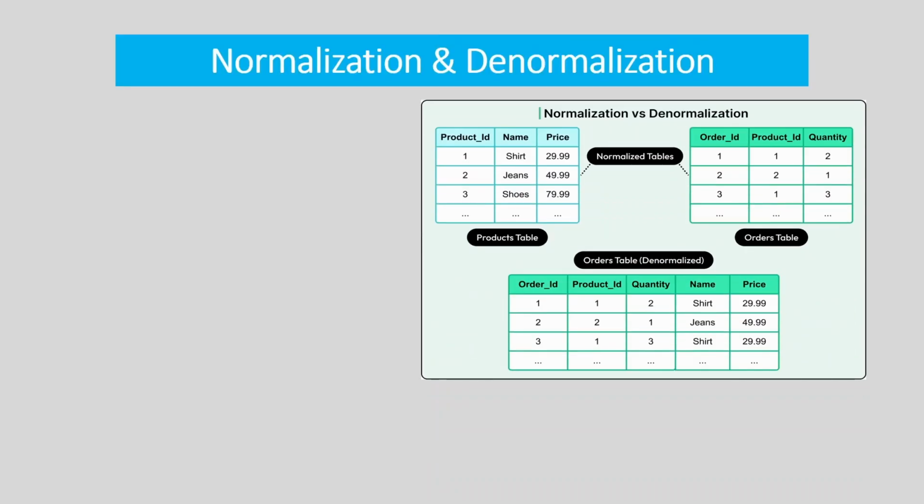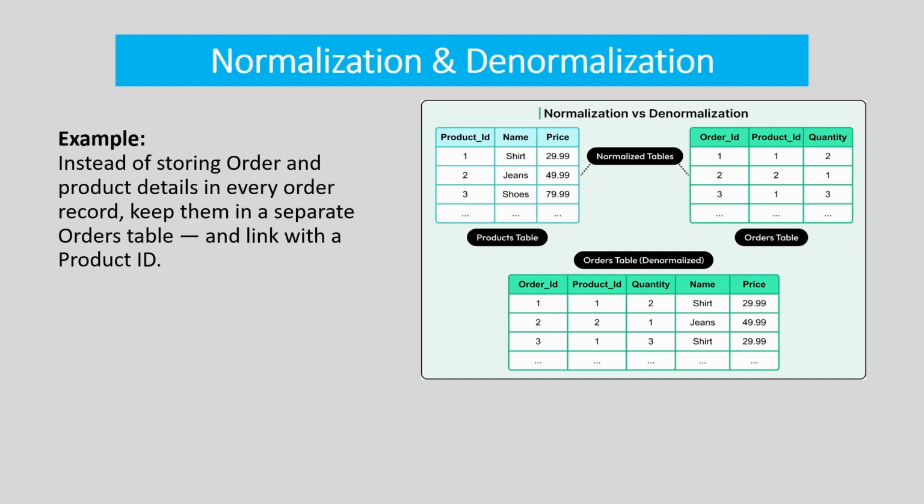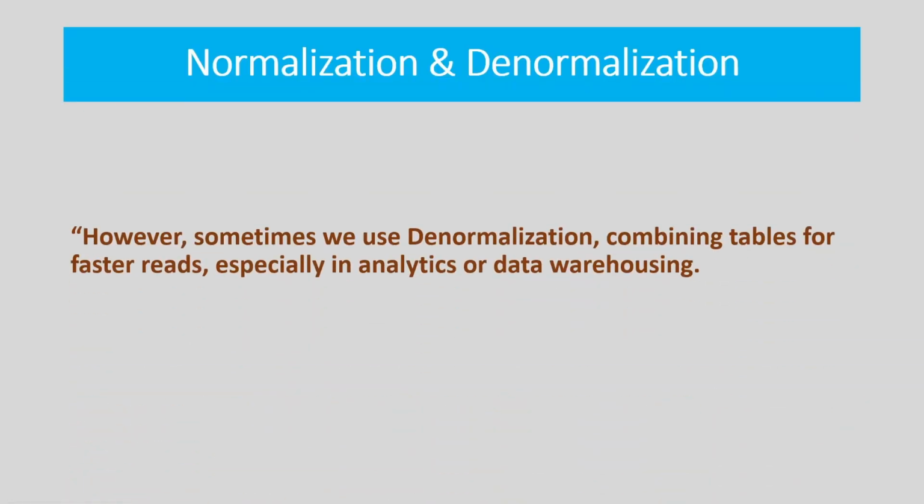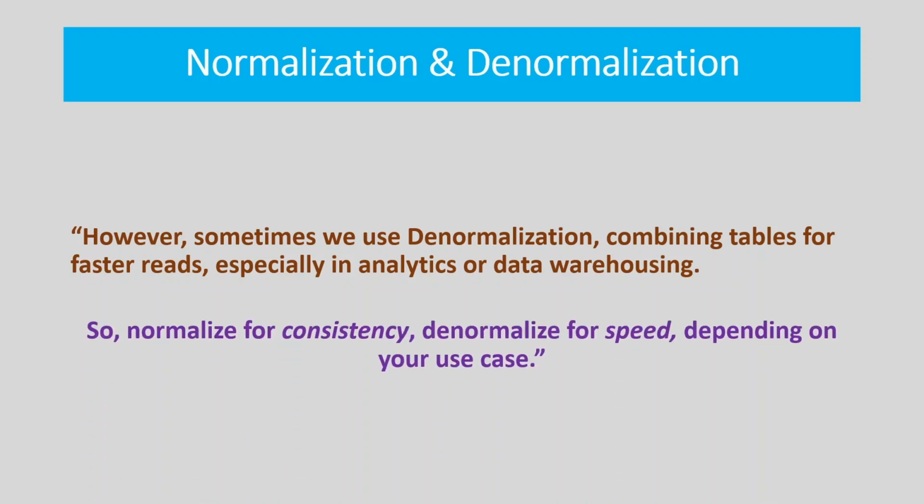And then we also have denormalization, and this visual is an example of denormalization, where we have 2 different tables, but they are merged into one. It's called denormalization. Sometimes we do denormalization, and most of the time we do normalization, and basically it depends on your use case.